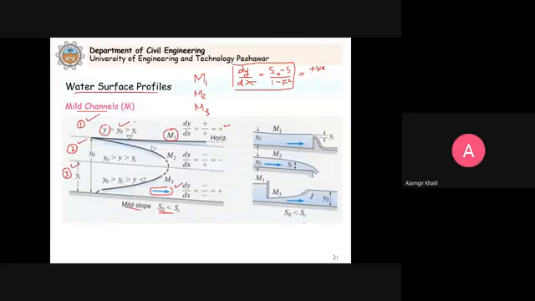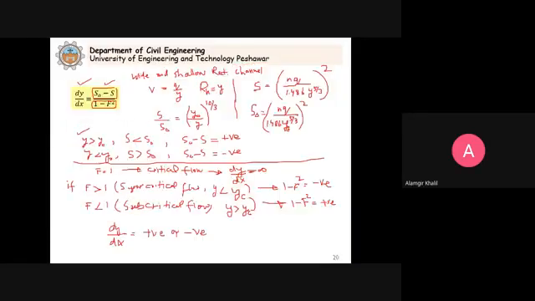Now that Y is greater than YC, what we studied for the denominator, Y is greater than YC here. This is subcritical flow. F will be less than 1. So 1 minus F square will be positive.